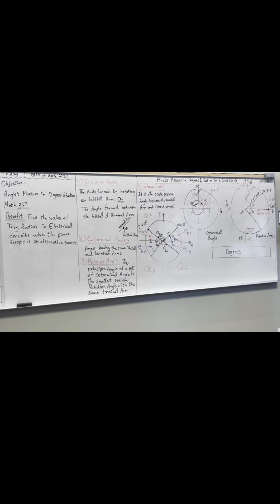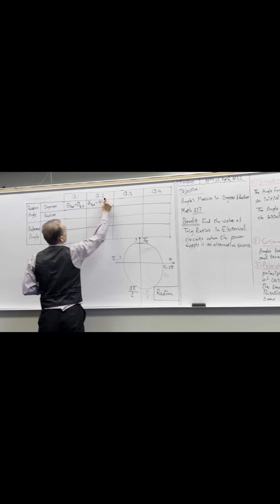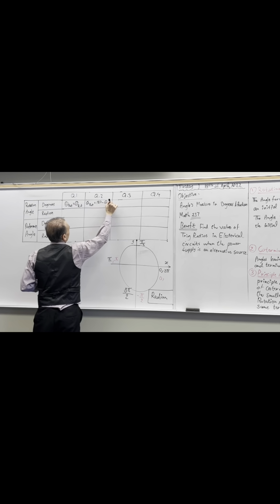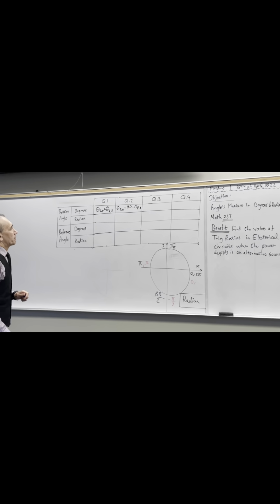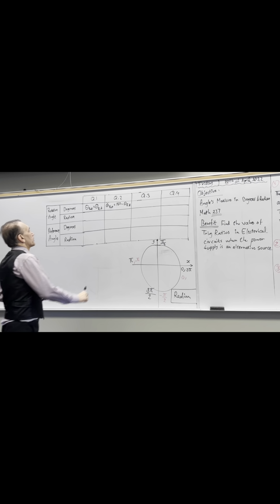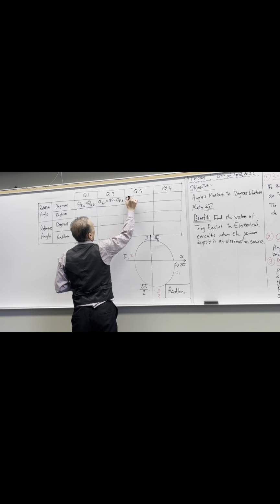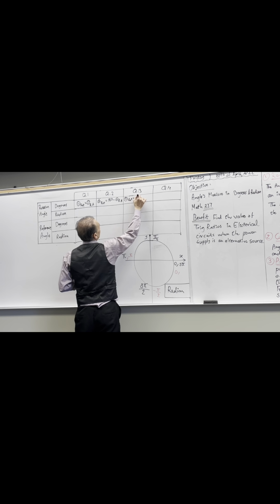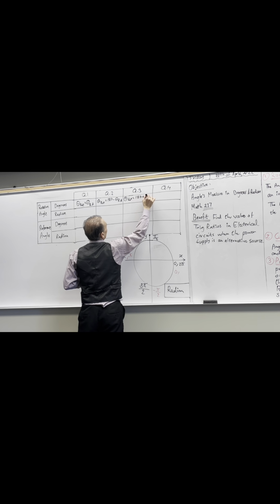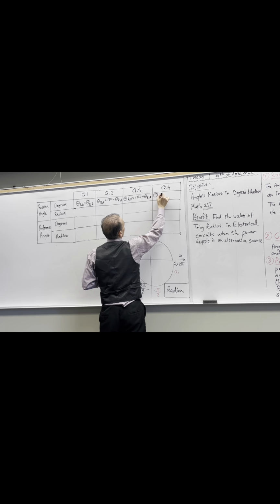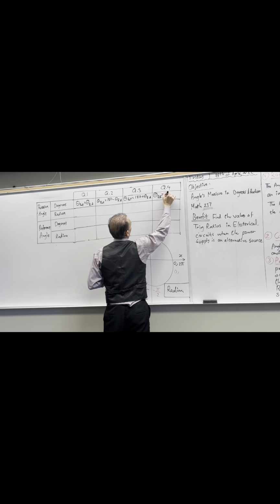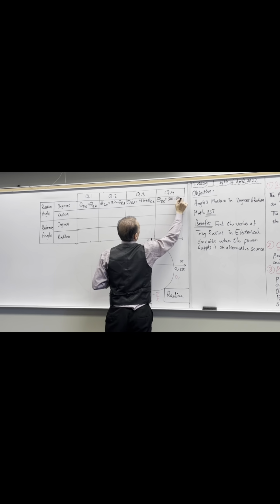For the second quadrant, the rotation angle is equal to 180 minus the reference angle. For the third quadrant, the rotation angle is equal to 180 plus the reference angle. And for the fourth quadrant, the rotation angle is equal to 360 minus the reference angle.